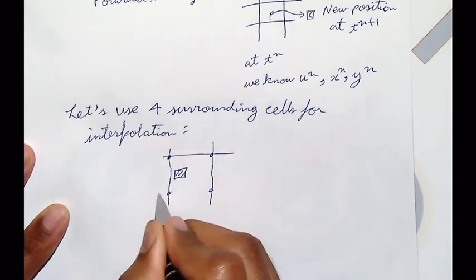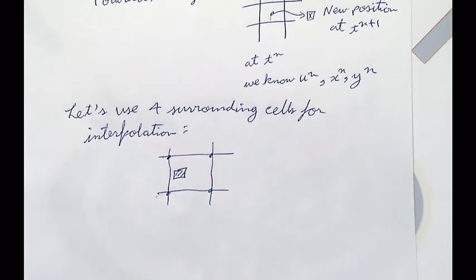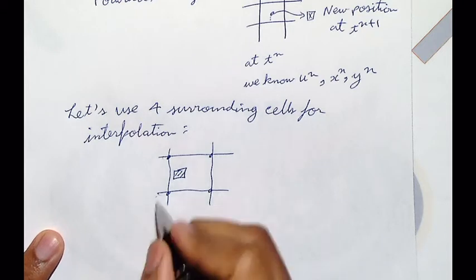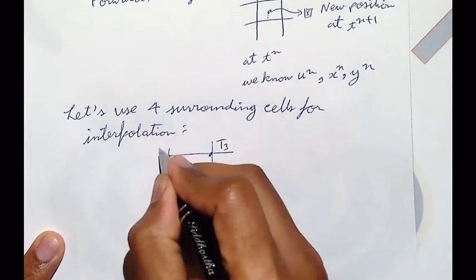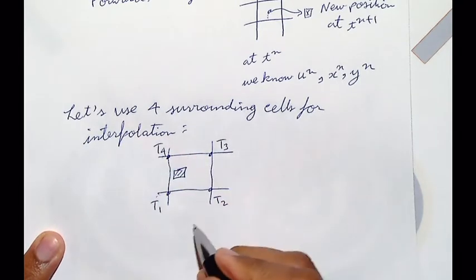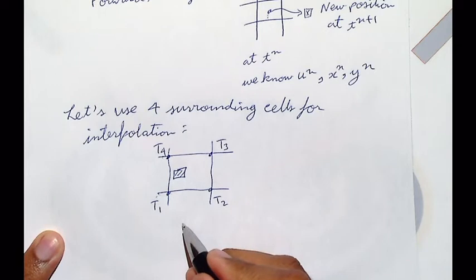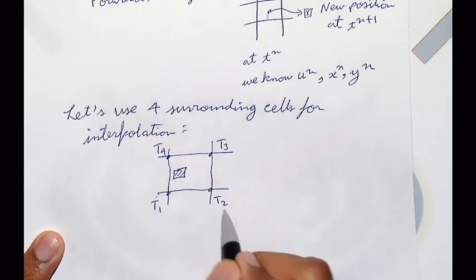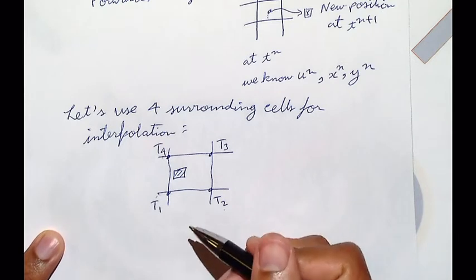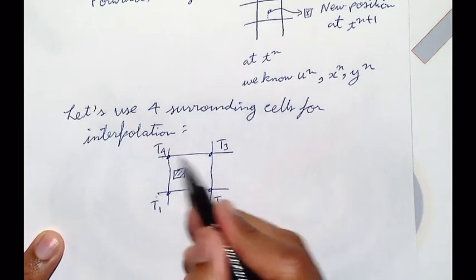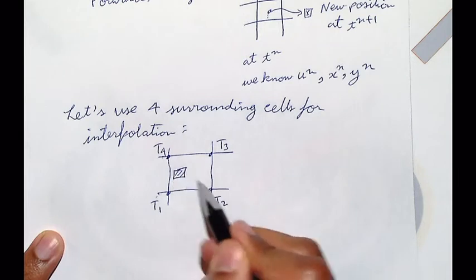The simplest thing that you can think of. Weighted average, yes. You can do some sort of averaging, right? The worst case, you would say, I will take T1, T2, T3, T4 and sum them, divide by 4. That is a terrible choice in this case because no matter where you are in the cell, you would always have the same answer.